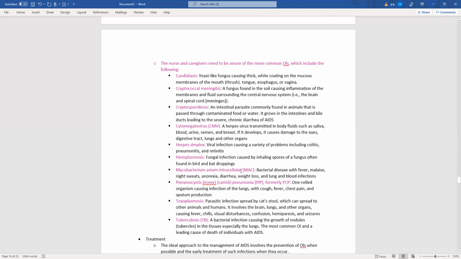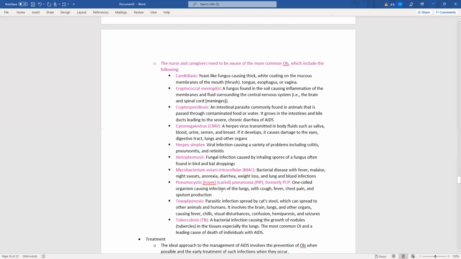Mycobacterium avium intracellulare, that's the mac and cheese. Well, it's not mac and cheese, but a bacterial disease with fever, malaise, night sweats, anorexia, diarrhea, weight loss, and lung and blood infections. Pneumocystosis, the PJP, formerly known as PCP.